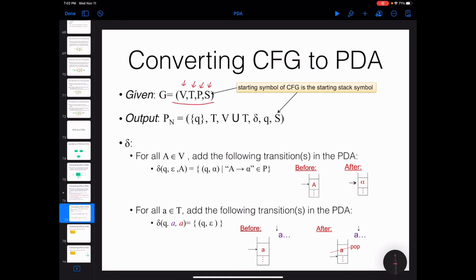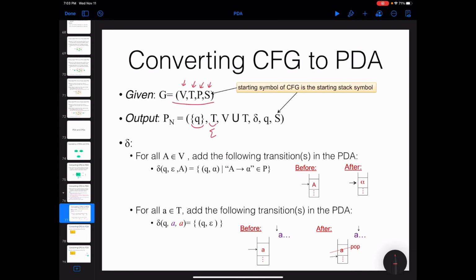We are going to create a pushdown automata that accepts by empty stack. We are going to have only one state. Basically, one state is going to be enough. We don't need more than that. The input alphabet is going to be all the terminals, right? This tells me what the sigma is in my pushdown automata. All the terminals in the grammar are going to be the alphabet.